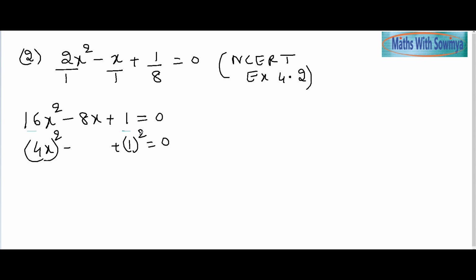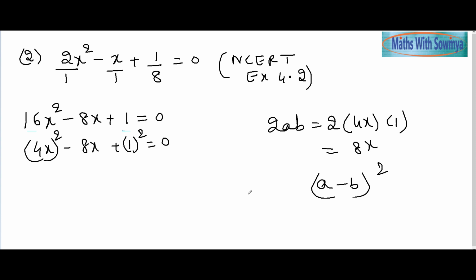On this spot, suppose you want to take the roots. Obviously, 2ab will give me 2 into 4x into 1, 8x. It completely suits the formula a minus b whole square. So, 4x minus 1 whole square is 0.